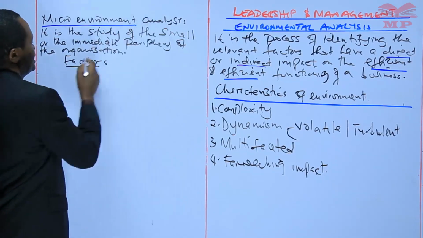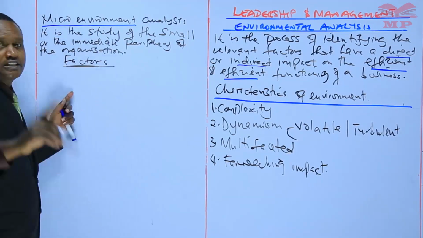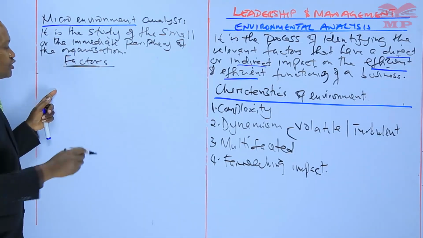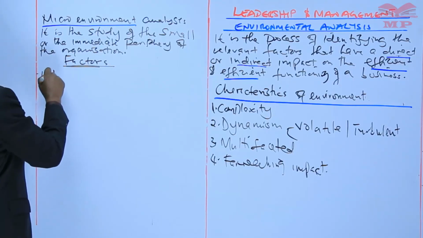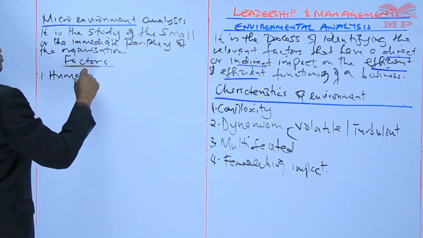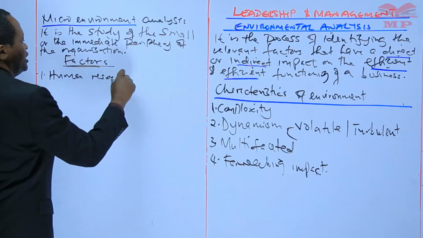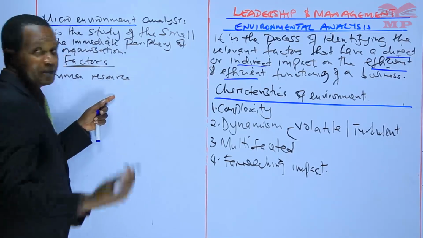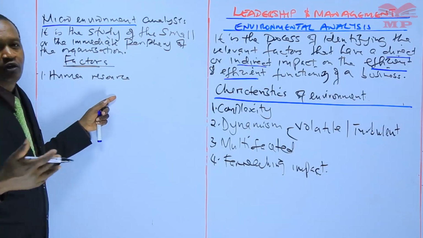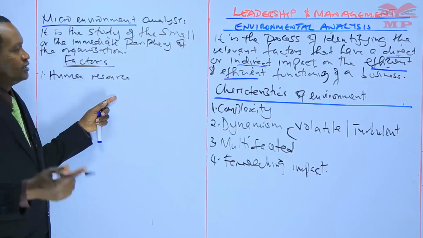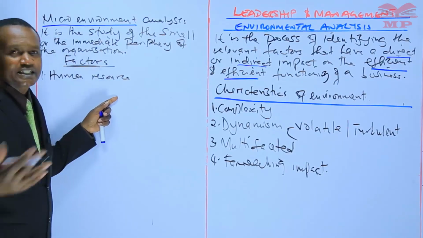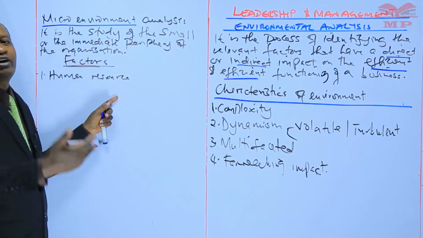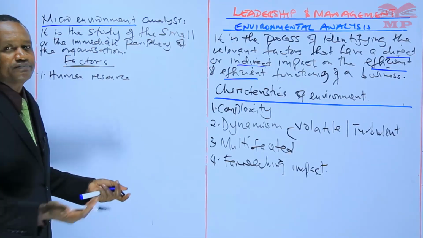Microenvironmental analysis analyzes the following factors. Number one is human resource. These are employees, the management of a firm. It analyzes their characteristics and how they are organized in the firm.